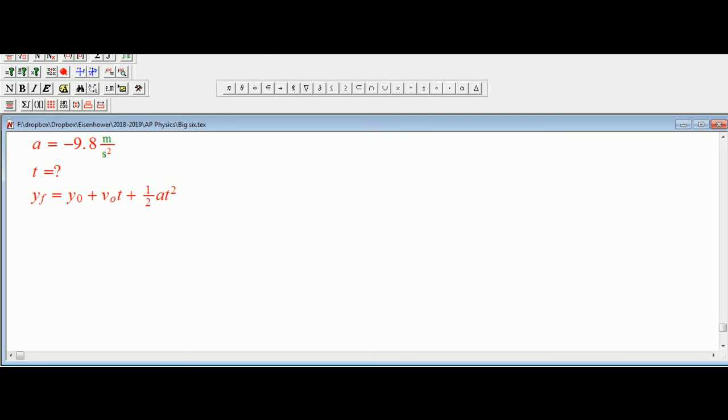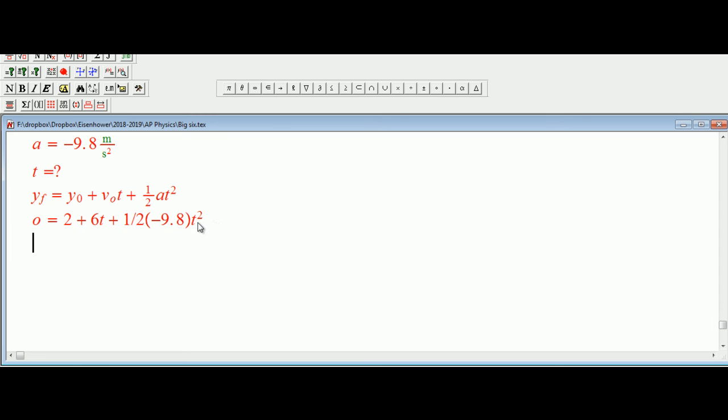I know my y naught is going to be 2, plus my v naught is 6 t, plus 1/2 a t, my a is negative 9.8, and then we have t squared. The problem that most of you are going to have with this is that this is a quadratic equation, and you got to go back to algebra 2 and remember how to solve a quadratic equation.